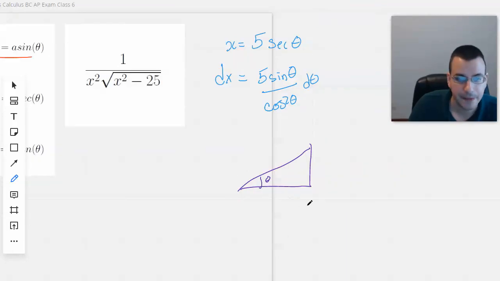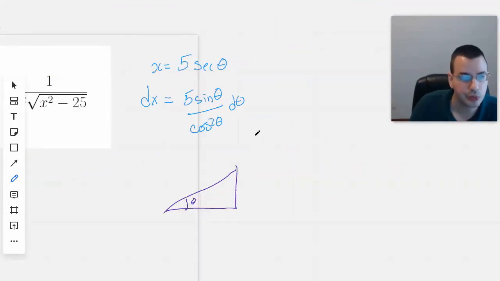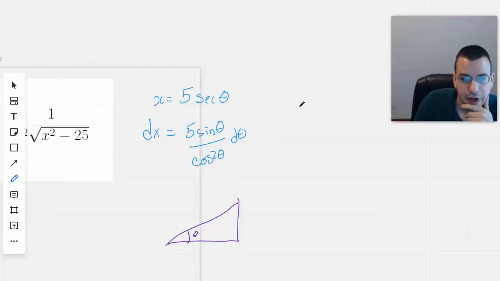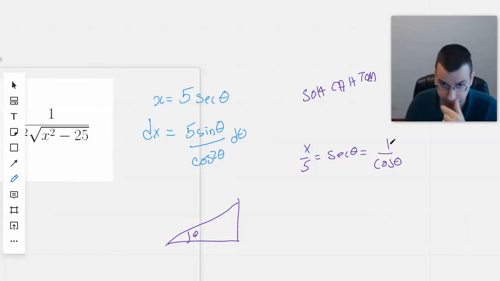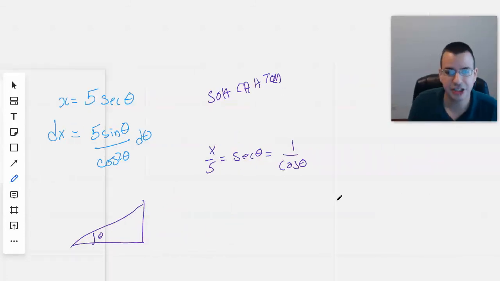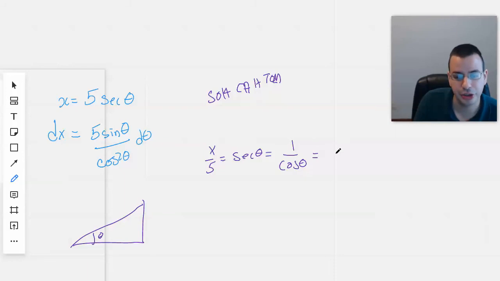Okay, so x over 5 equals secant of theta, which equals 1 over cosine of theta. You know from SOHCAHTOA that cosine of theta is adjacent over hypotenuse. So secant is hypotenuse over adjacent.